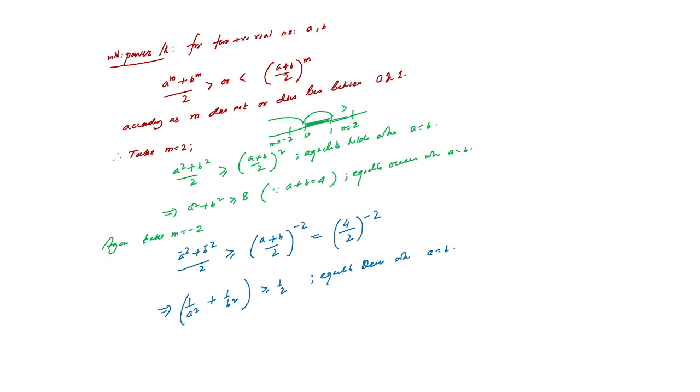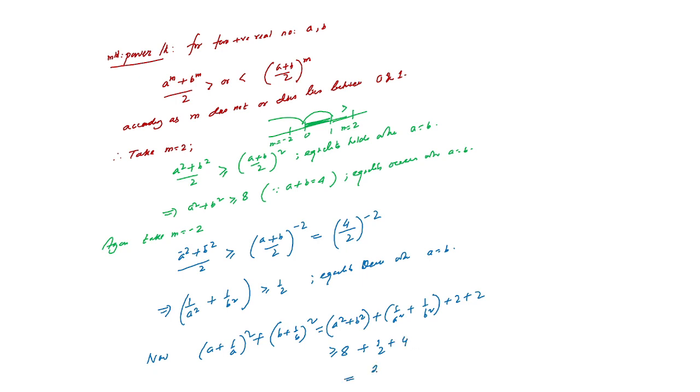Now we come to the point. We need the value of (a plus 1 by a) whole square plus (b plus 1 by b) whole square. That means it will be a square plus b square plus 1 by a square plus 1 by b square, plus 2 into a into 1 by a, that is 2, plus 2, since b into 1 by b cancels. What is a plus b whole square? This is greater than or equal to 8, and this is greater than or equal to half, plus 4.